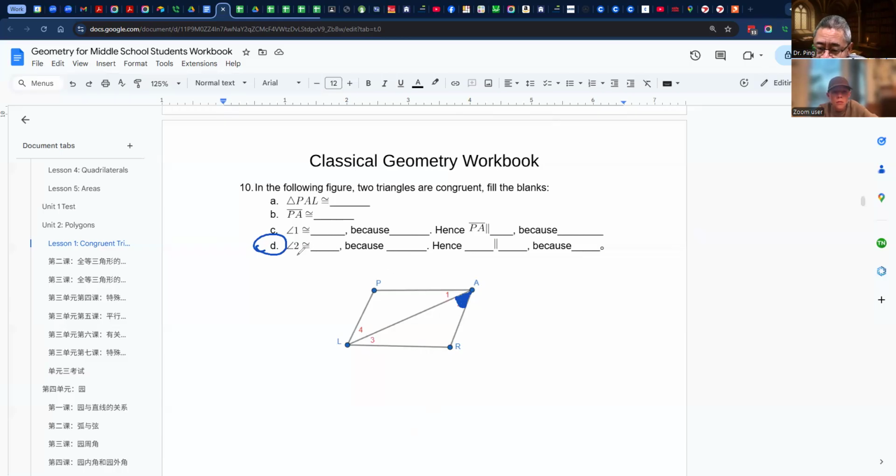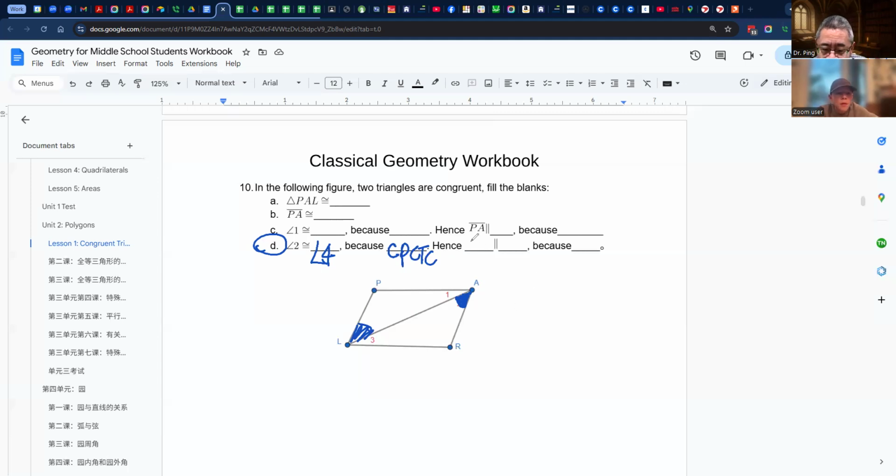Okay, well, first of all, angle 2 is congruent to angle 4, okay? This is angle 4. And this is because they are corresponding parts of the congruent triangles. So it's CPCTC.